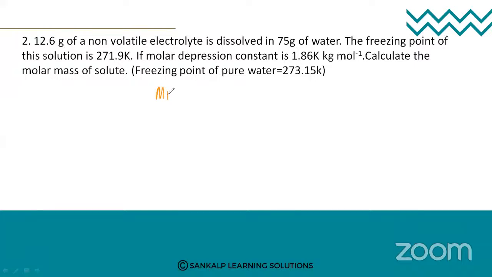So this is the formula. MB is equal to 1000 into KF into WB upon WA into delta TF. So this particular formula we are going to use and substitute. So what is your freezing point?